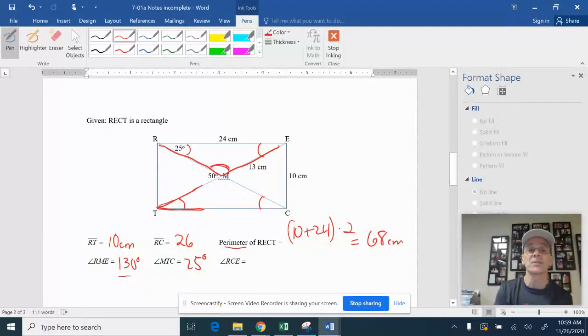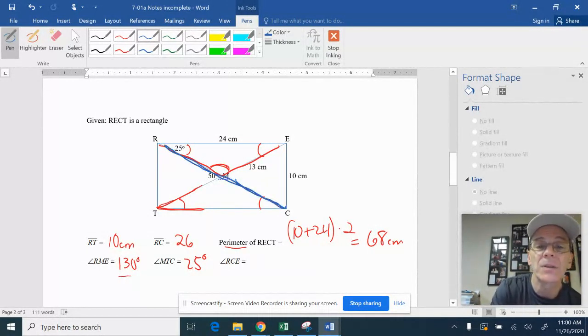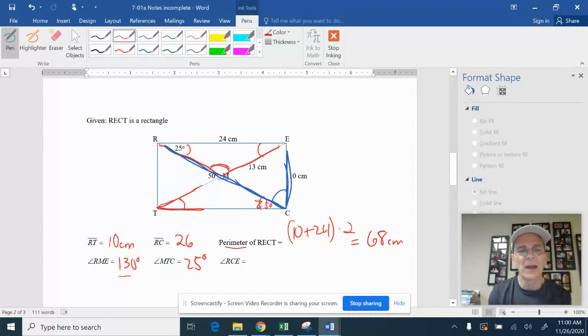And how about angle RCE? Let me get a different color for that one. RCE. Well, that certainly does not appear to be congruent to the 25-degree angle that it is right next to, so I'm not going to say 25 degrees. Any ideas about how to come up with that blue angle? There's more than one way.